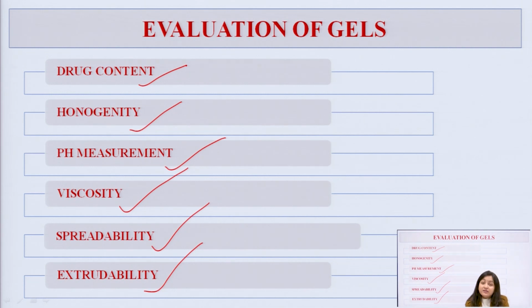So, this is an important test which helps us understand the presence of spreadability. Then last is the extrudability. Extrudability helps us understand to what extent, in what concentration, the substance is going to come out of the container in which it is stored. So, extrudability and spreadability are also two very important tests that have to be done while evaluating gels.